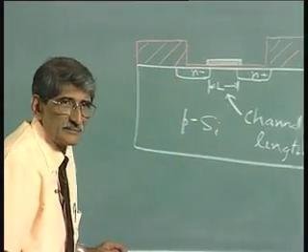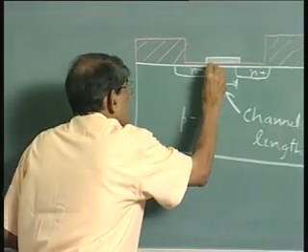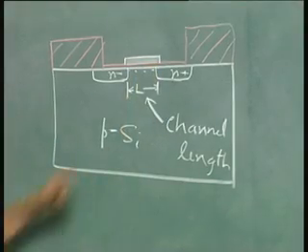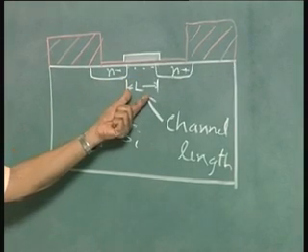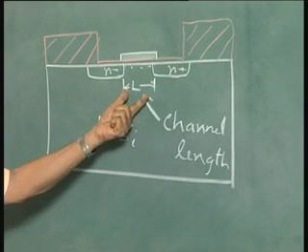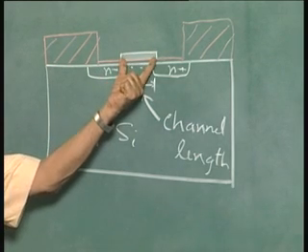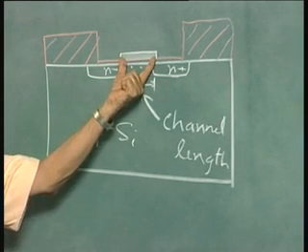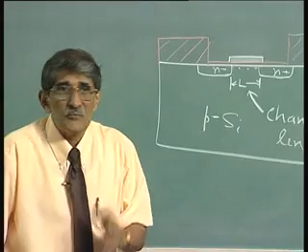You want to keep that minimum, and the electrons actually will be transported through this layer. You want to keep the mobility high in that layer. So, this channel length you can make smaller and smaller. What is the limit? Limit is how small a length you can etch, and that is decided by mobility.